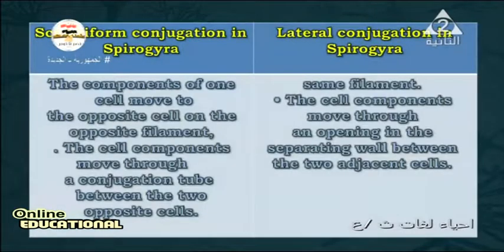Also, as another point of comparison, in scalariform the component of one cell moves to the opposite cell on the opposite filament through a conjugation tube between two opposite cells. But in lateral conjugation, what happens? Same filament: the cell component moves through an opening from one cell to the neighboring cell in the same filament, not another filament.